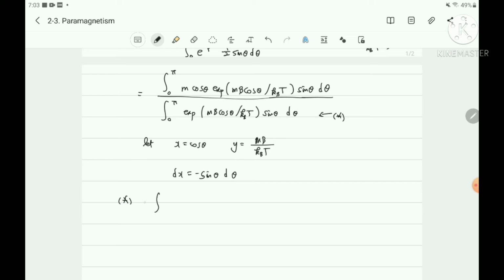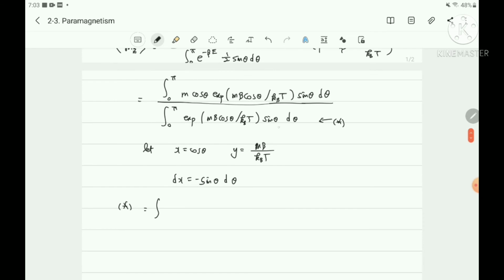When theta is zero, x is 1 and when theta is pi, x is minus 1, but the minus sign comes from the d theta, so the range is flipped, going from minus 1 to 1, and the integrand is exponential of x y, with sine theta d theta equal to dx.